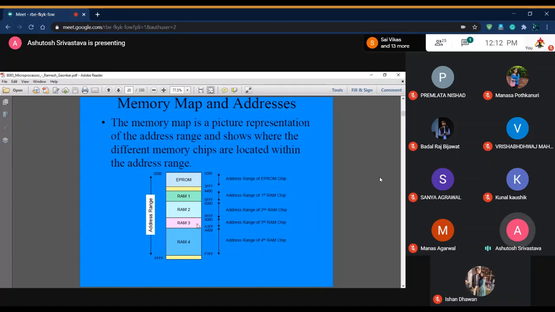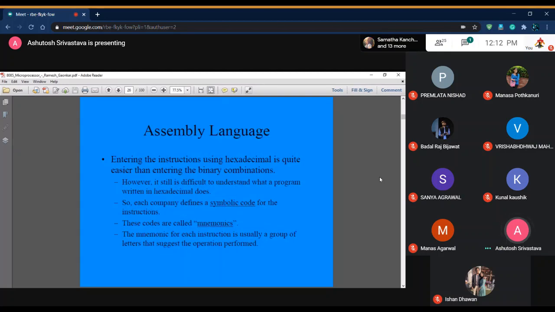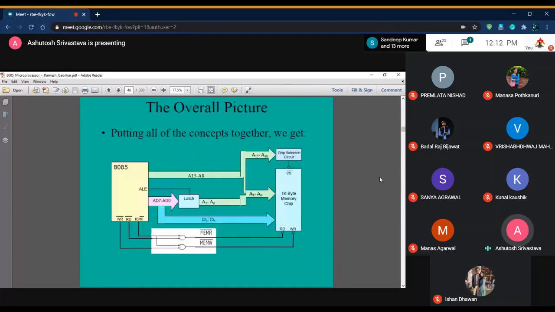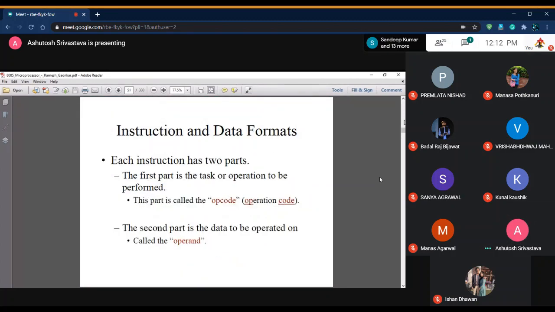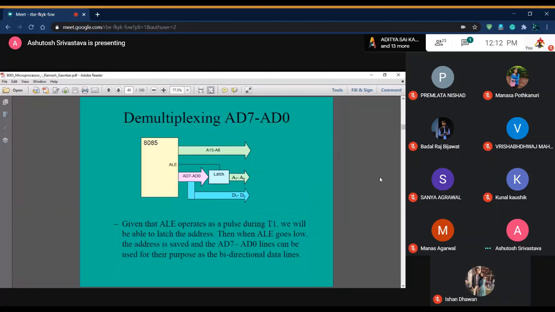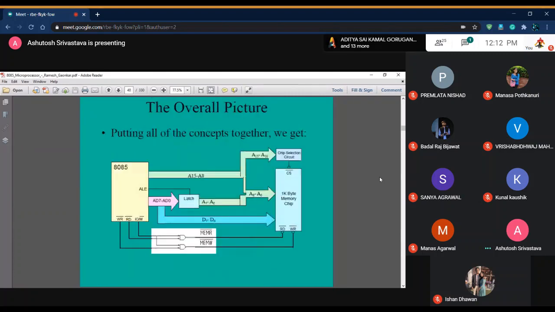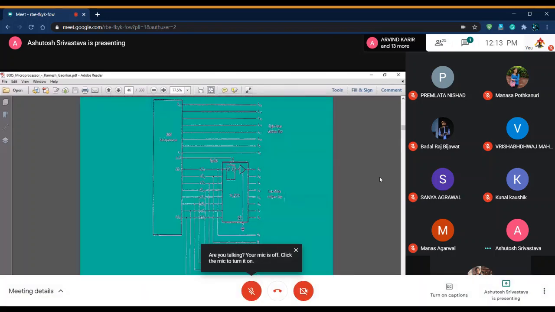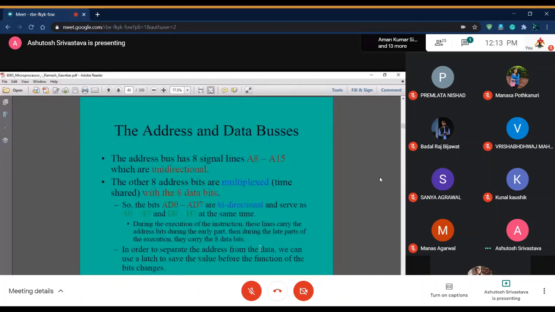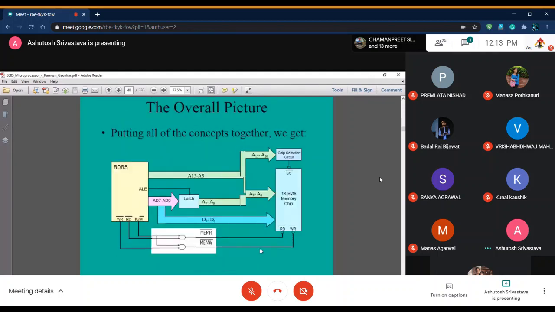This is where your chip selection also comes into the picture.